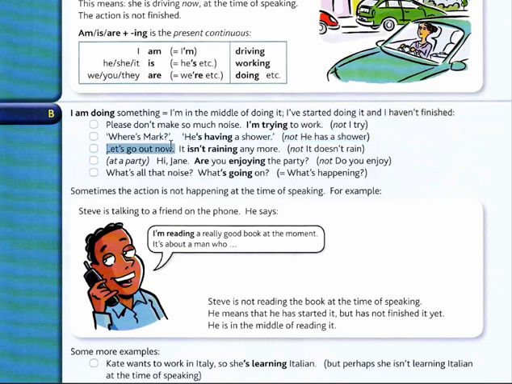Let's go out now. It isn't raining anymore. You cannot say it doesn't rain. Why? Because you see that let's go out now. What does it mean? It means an action that's about now. This is let's go. It's one of the things that you can use to recognize present continuous.